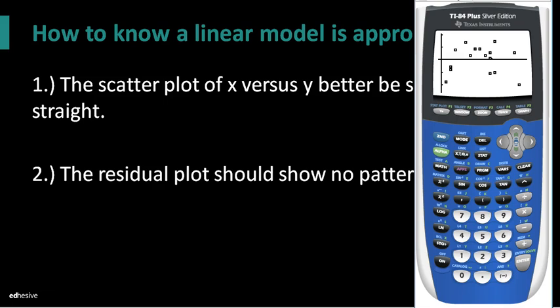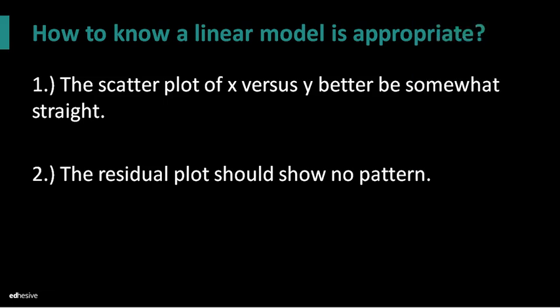In this residual plot, there's not literally scatter everywhere, but at the same time, I don't see any major pattern. I see a bunch of dots scattered everywhere. That's what you want to see in a residual plot. That is proof that our line actually went through our data, and hopefully that makes sense. So your scatter plot needs to look straight, and your residual plot should show no pattern.